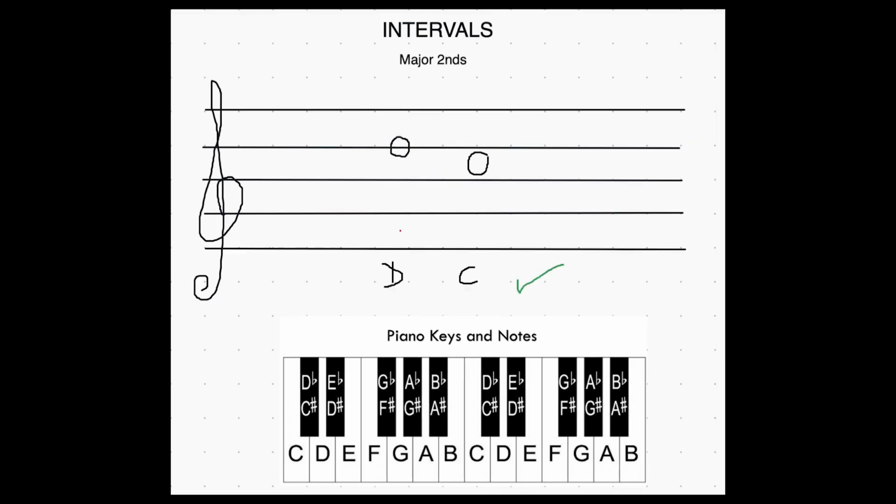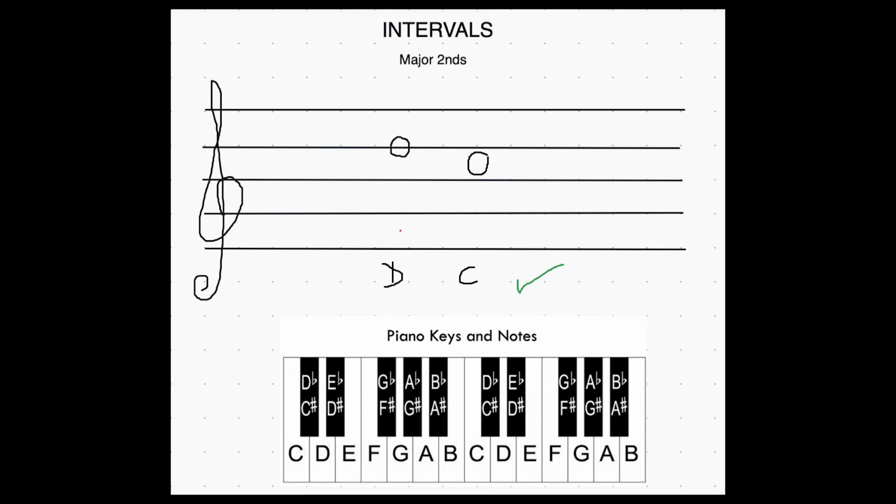So hopefully by now we've got it that half a step is not a major second, it is a minor second, and we would need it to be D to C to make a full tone, a major second. Hopefully, after watching this video, we understand what major second intervals are and what minor second intervals are.